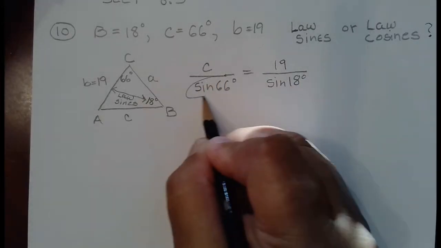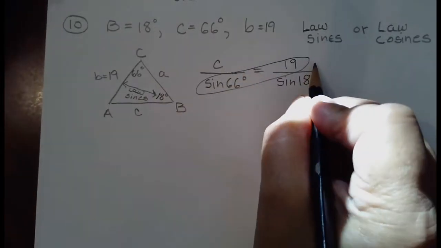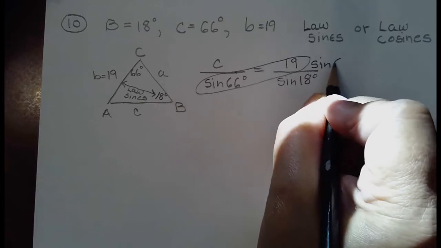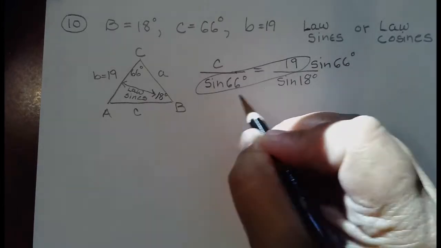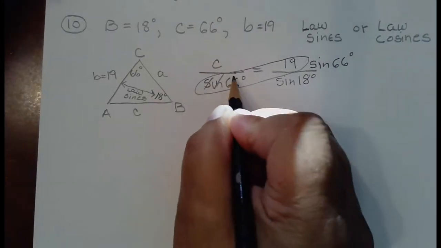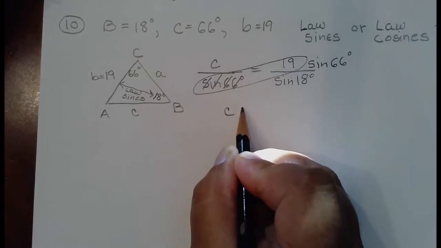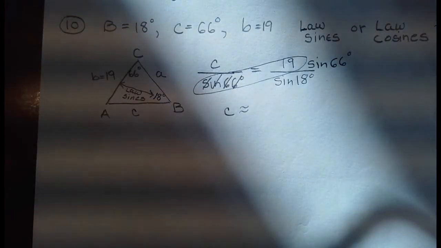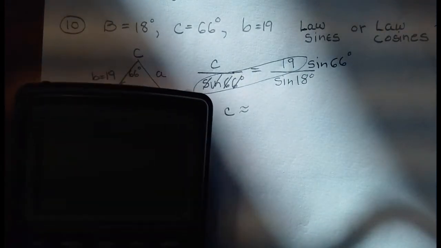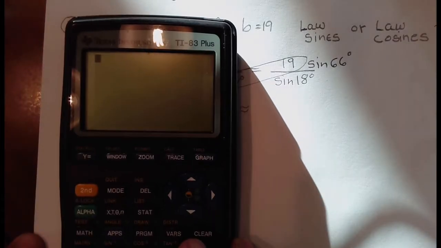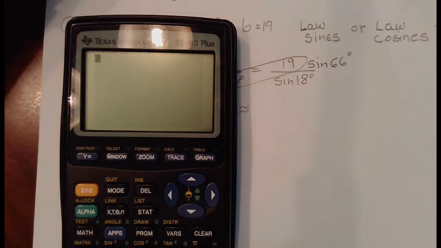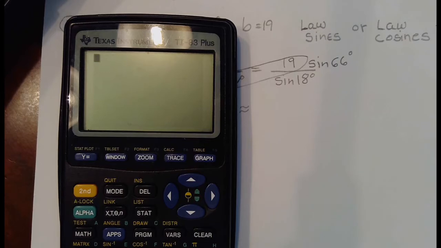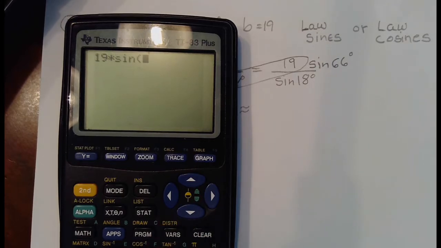I'm going to cross multiply, in other words, swing that sine of 66 degrees right up into the numerator so that it is no longer here, and you have isolated C at that point and only need to put it in your calculator. Okay, so putting this in the calculator, it'll be 19 times sine of 66.